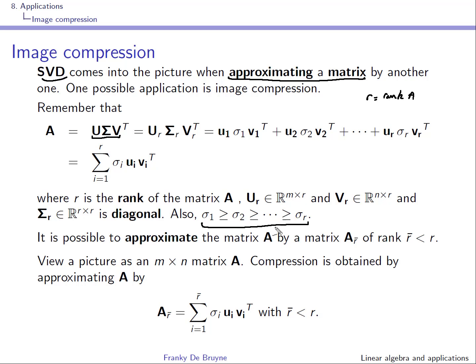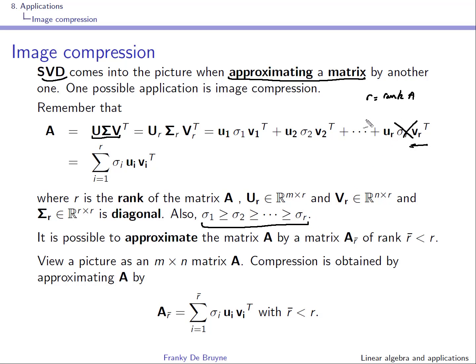Okay, so how can we approximate the matrix A by another matrix? By simply taking fewer terms in this sum. So we can, for instance, start crossing out from this side over here, because the influence is the smallest as the singular values are smaller.